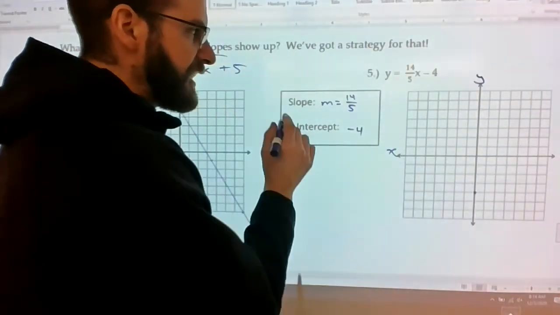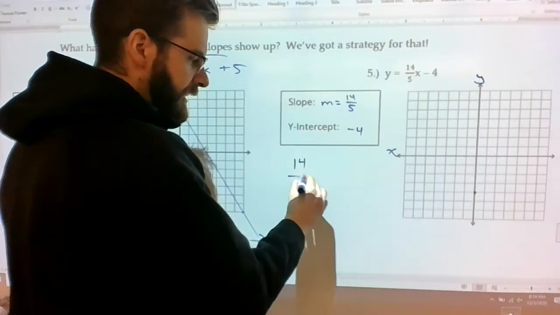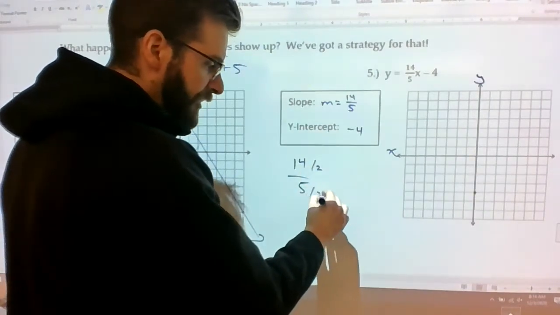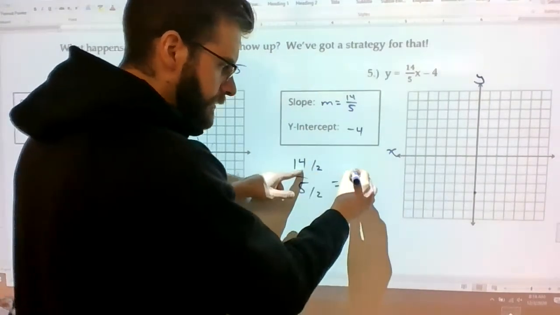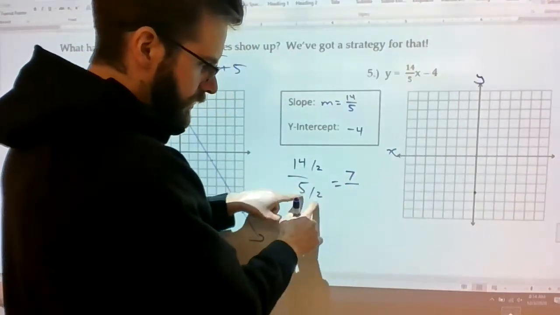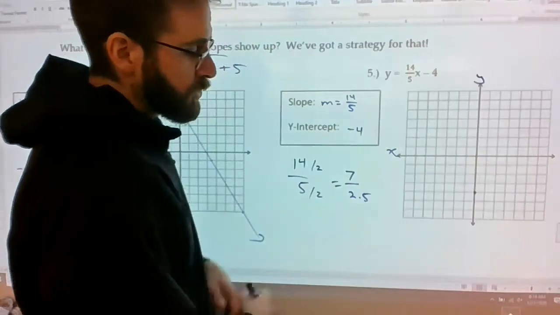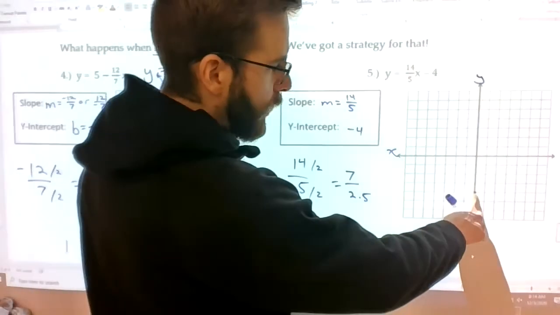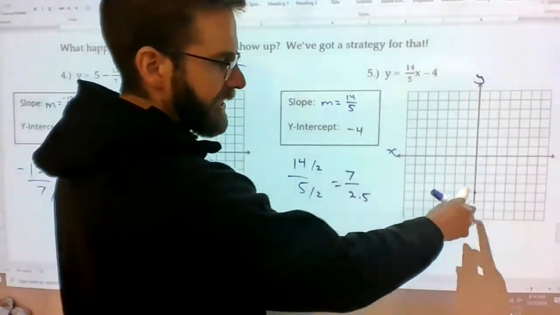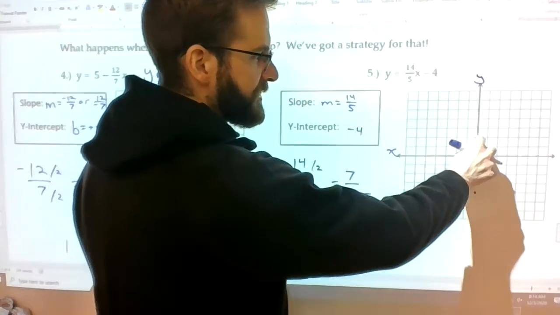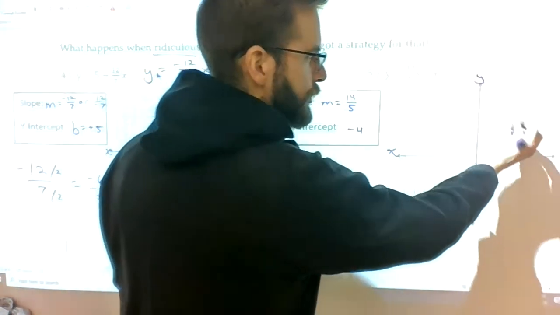So we should be thinking of 14/5 as, if you cut the top in half and the bottom in half, you get 7 over 2.5. So I've plotted my first point. Now, instead of going up 14/5, I can go up 1, 2, 3, 4, 5, 6, 7, right 1, 2.5.